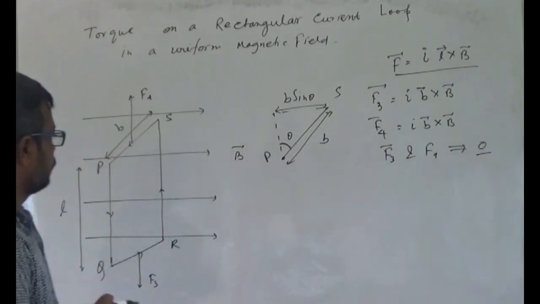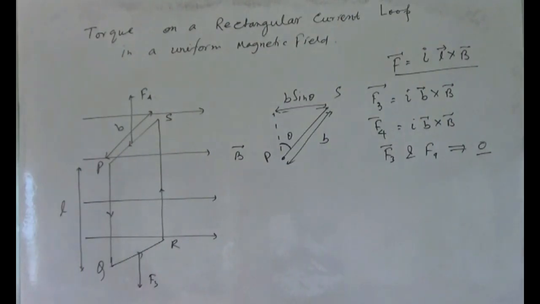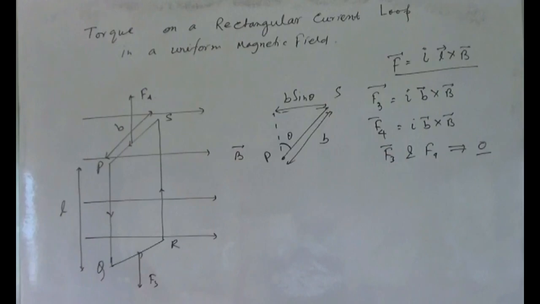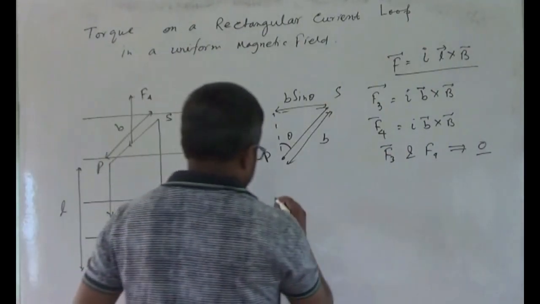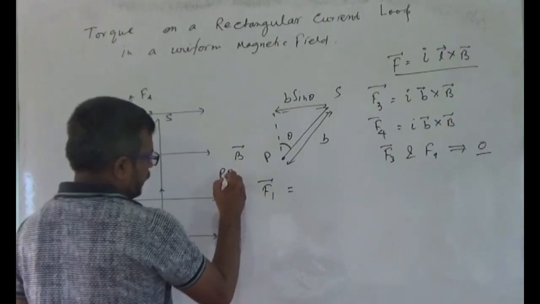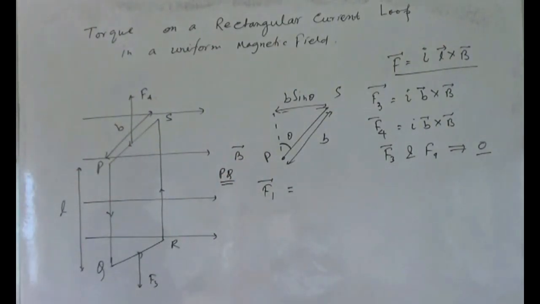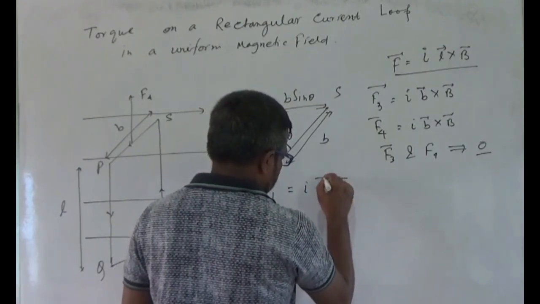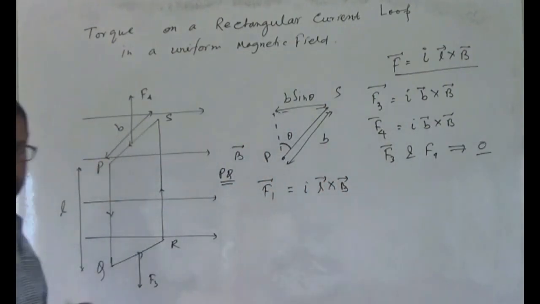Now, the forces acting on PQ and RS. The force on PQ, let us say F1. F1 is the force on PQ, and that will be IL cross B, right? And what will be the direction?